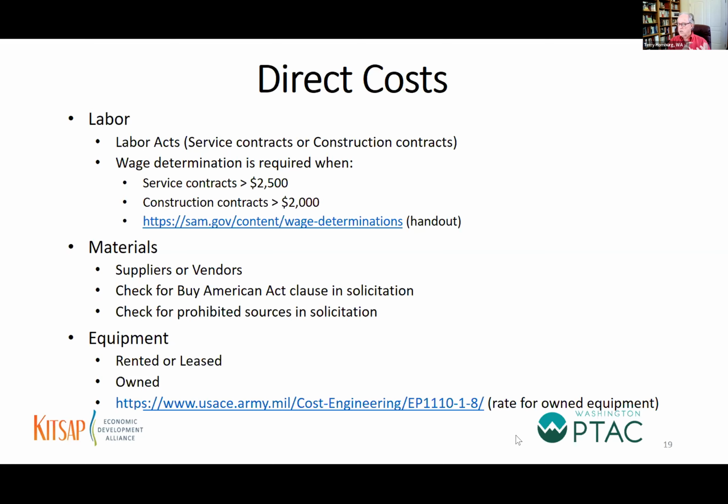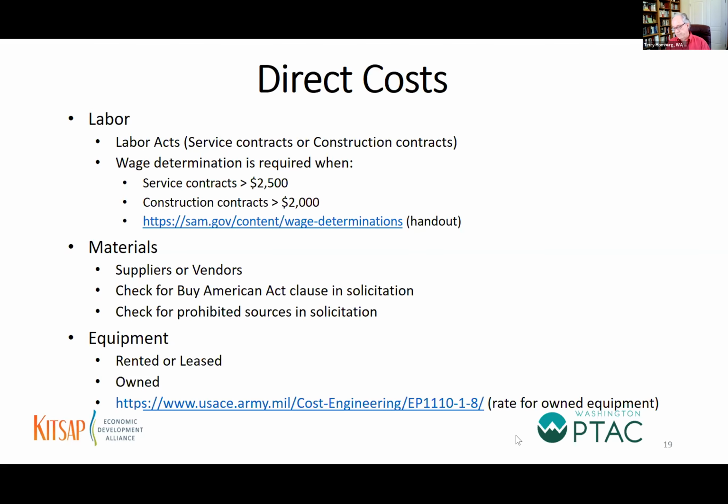So the contracting officer gets involved and has to tell the project manager, you've got to take that material out, and you've got to get the material from a US company or from a country that is authorized.